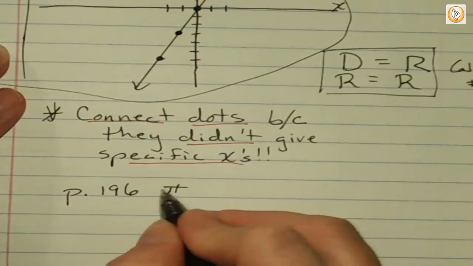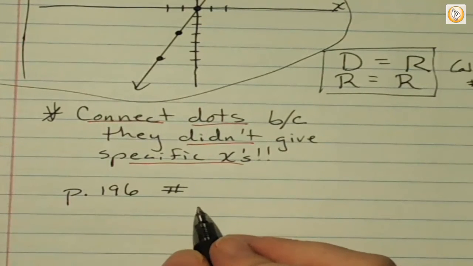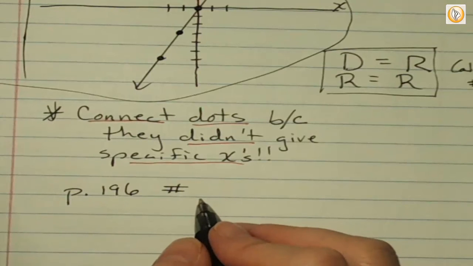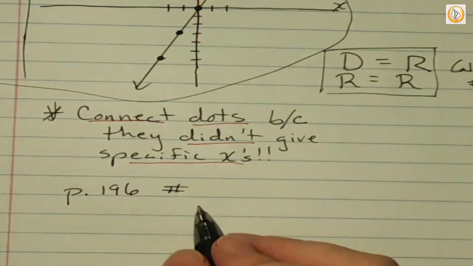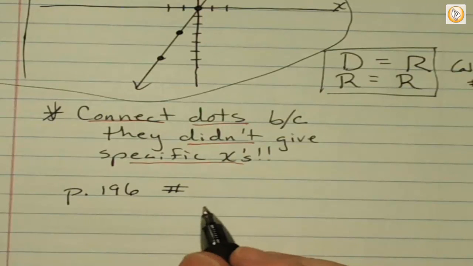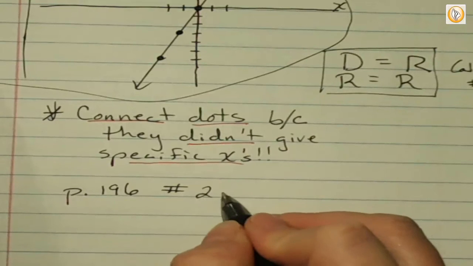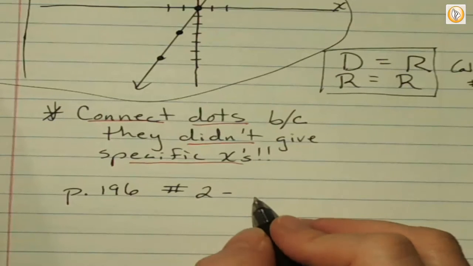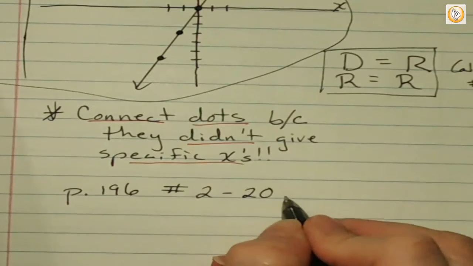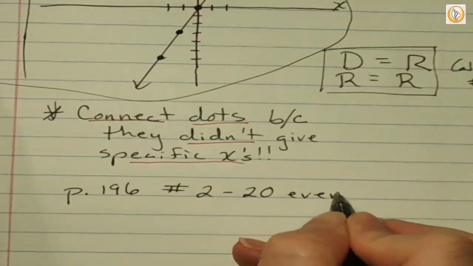Numbers, let me see, trying to decide. Hold on. 2 through 20 even.